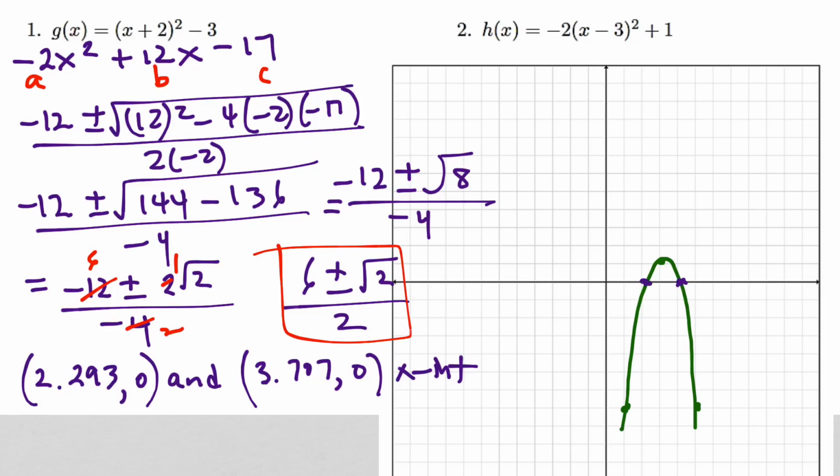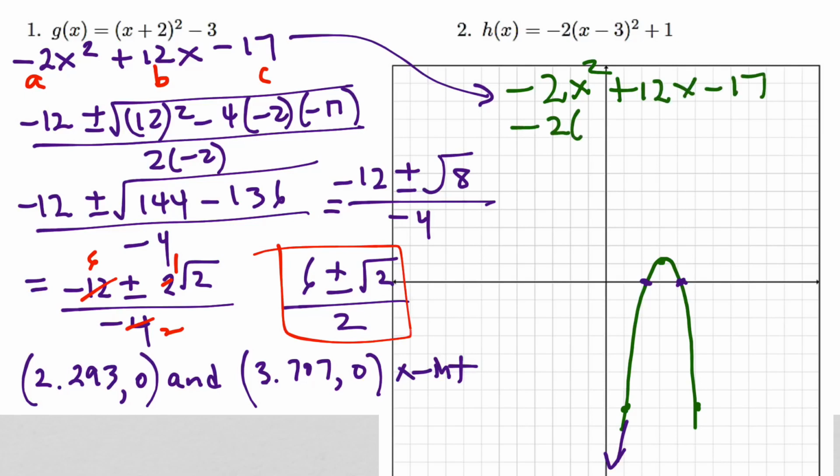Now I am going to have a y-intercept somewhere where it crosses way down, further down the y-axis. Now the way that you're going to figure that out is to take your function negative 2x squared plus 12x minus 17 and substitute 0 in for x. All right, so this is h.